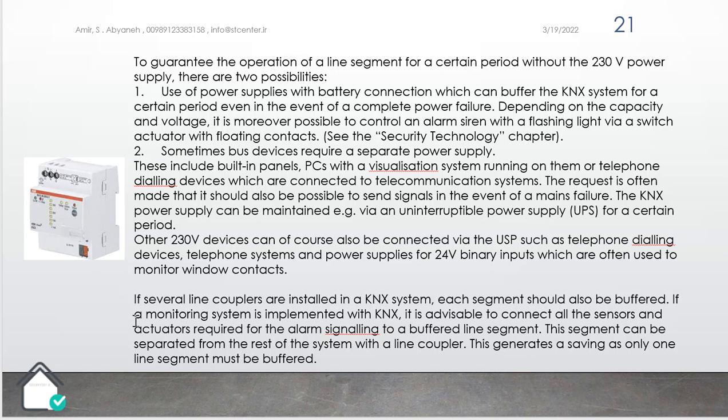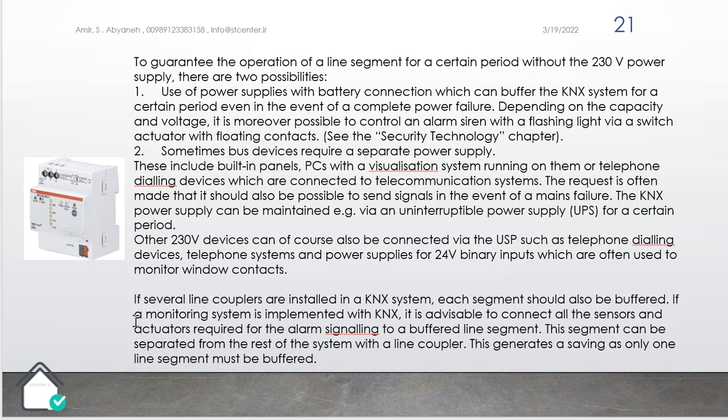The second option: sometimes bus devices require a separate power supply. These include built-in panel PCs with a visualization system running on them, or telephone dialing devices which are connected to the telecommunication system. The request is often made that it should also be possible to send a signal in the event of mains failure. The KNX power supply can be maintained, for example, via an uninterruptible power supply, UPS, for a certain period. Nowadays, it is more popular.